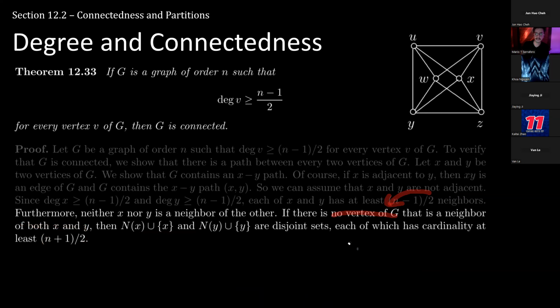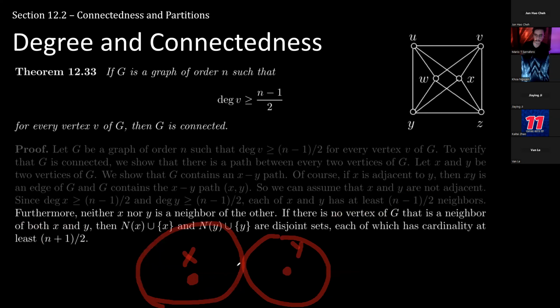Now think about what this means. In my picture, I have x and I have y, and I'm saying that there is nothing in the middle that connects them. So now I have the neighborhood of x and the neighborhood of y, they're disjoint, and there's nothing connecting them.